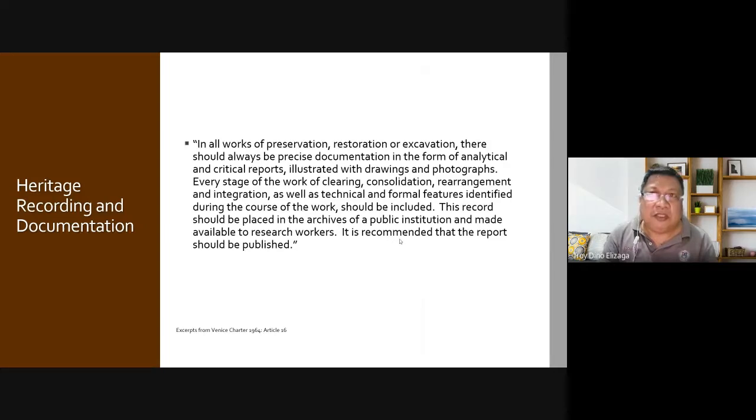For example, in a certain project, after finishing the project, a copy would be maintained by the one who made the report, and then another one is given to probably the financial institution who provided the grant, and finally the main owner of the property.